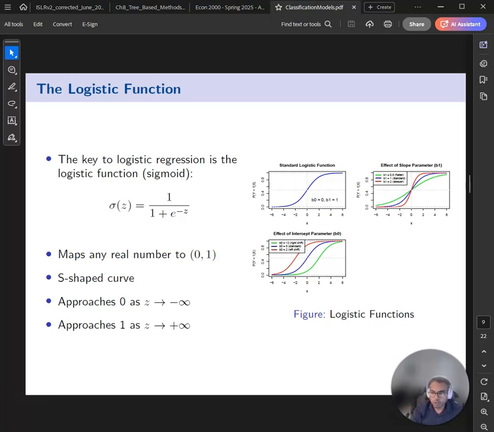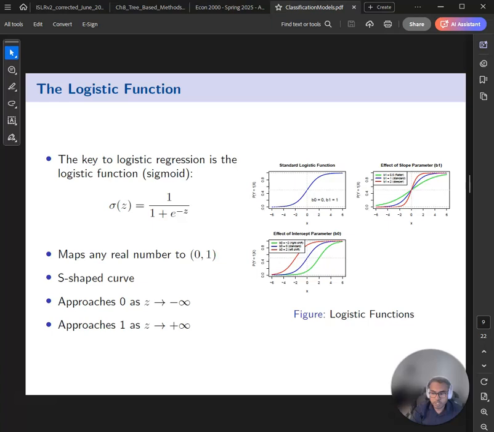You don't have to remember the formula. The important thing here is to understand what it does. This function maps any real number onto a value between 0 and 1, which is exactly what we need for probability. If you plot it, you get this beautiful S-shaped curve that you can see in the figures.